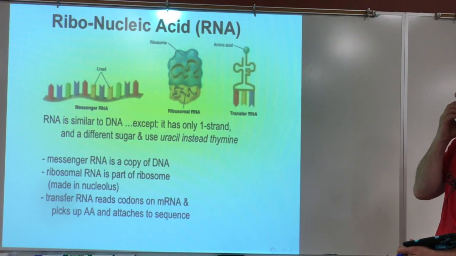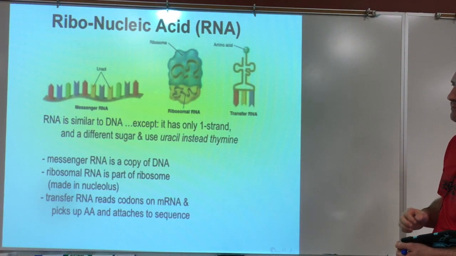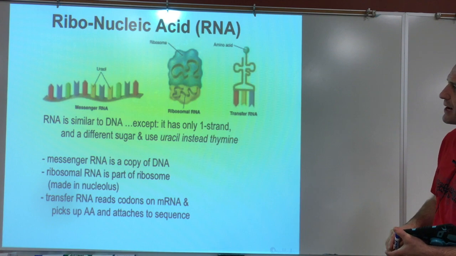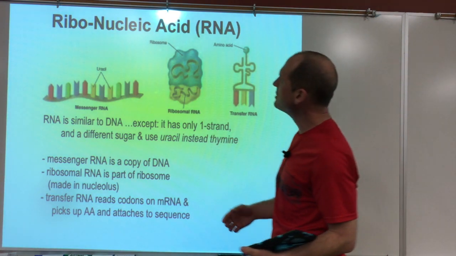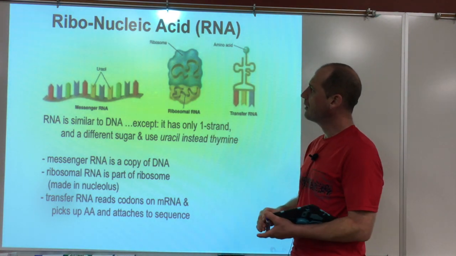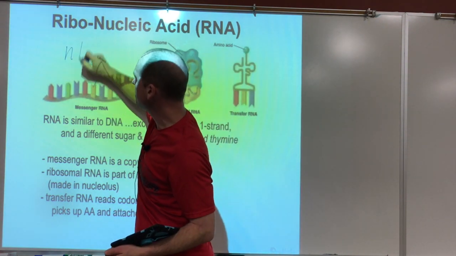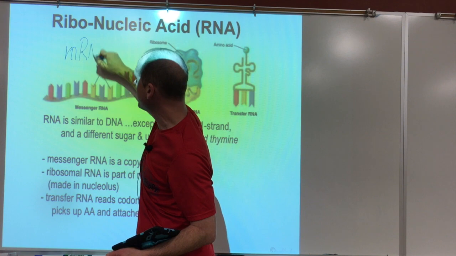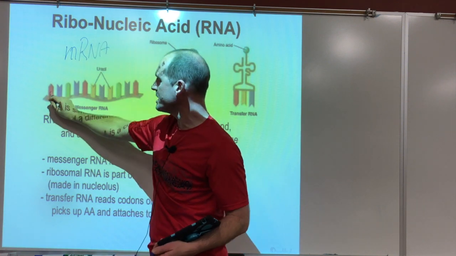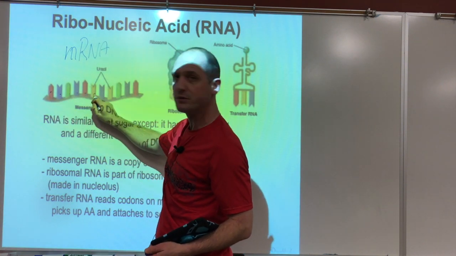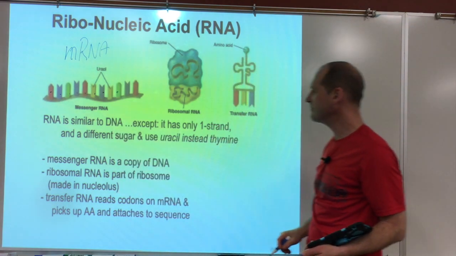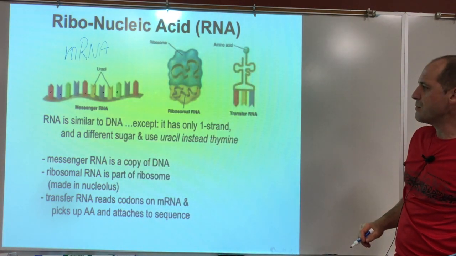So before we do that one more time, with a few more words on it, I have this slide on RNA. The one that's the copy of the DNA is known as the messenger RNA, the mRNA. So that's the copy. These are the nucleotides sticking out, the four different ones.